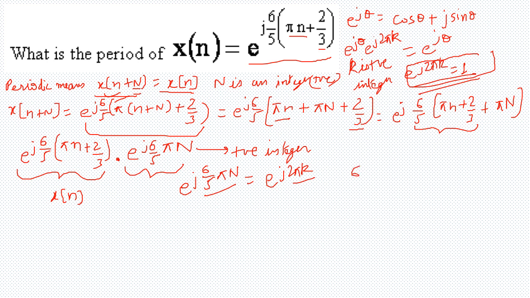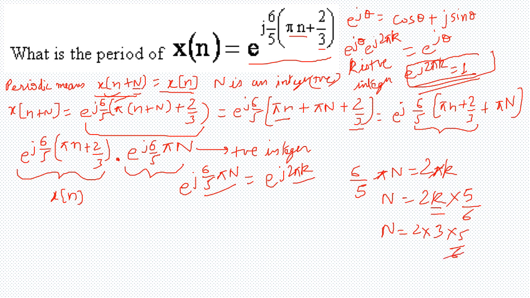If we compare these two, we get (6/5)πN equal to 2πk. These 2π get cancelled, and from here we get N equal to 2k times 5/6. Now can we make this an integer? Yes. For what value of k? If we put k equal to 3 here, then we get N equal to 2 times 3 times 5/6, and N becomes equal to 5.